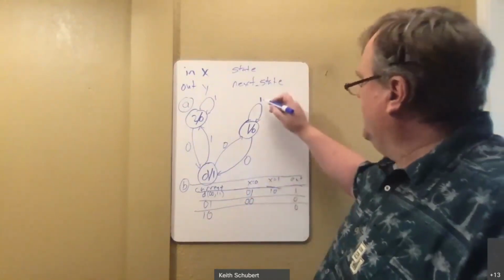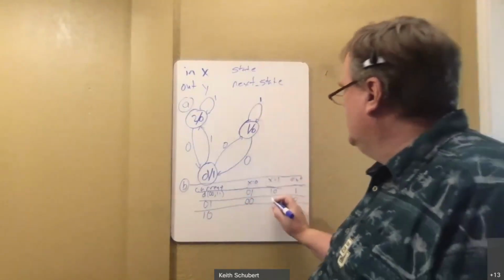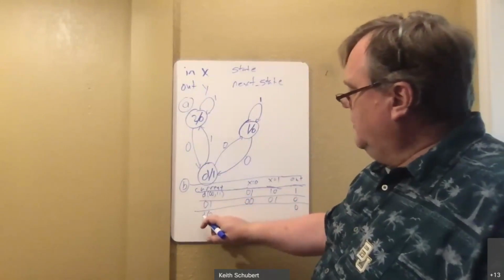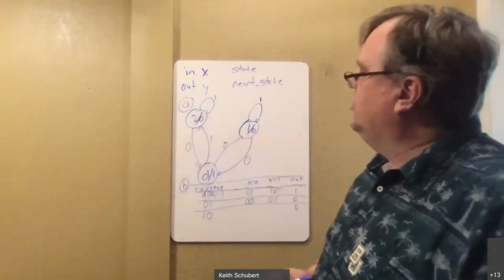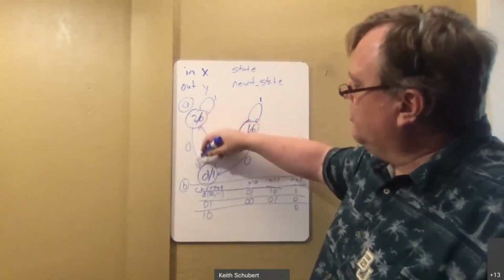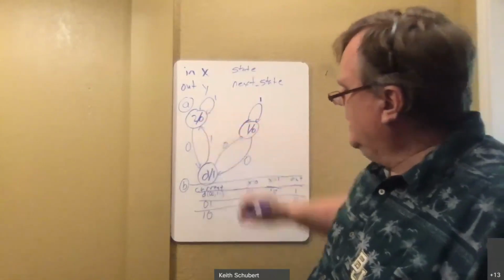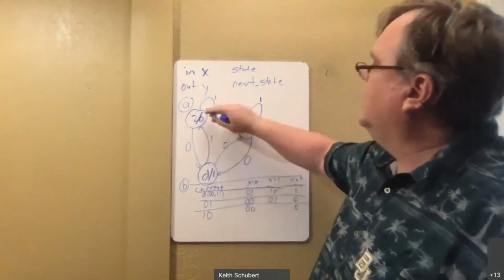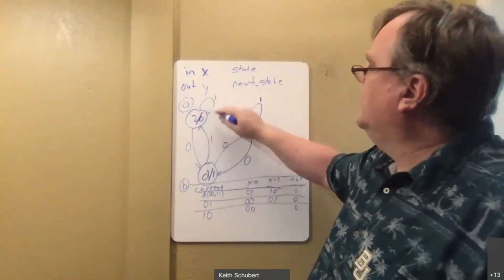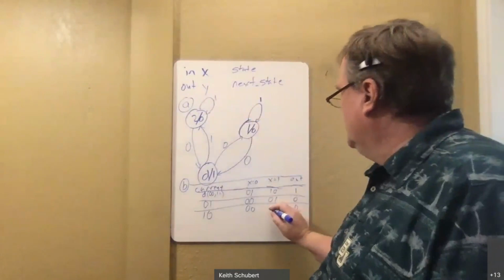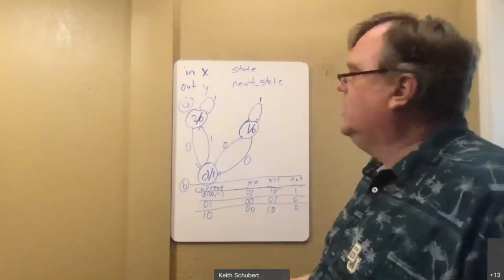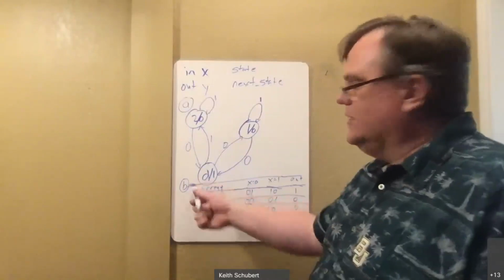And if it is a 1, it goes to 0, 1. If I'm in 1, 0, state 2, and I get a 0, that's this arrow, my next state is 0, 0. And if I got a 1, my next state is 1. Boom. That is the answer to B.